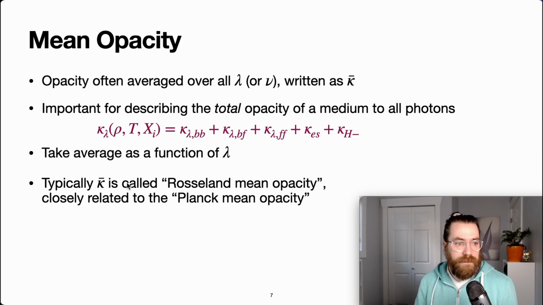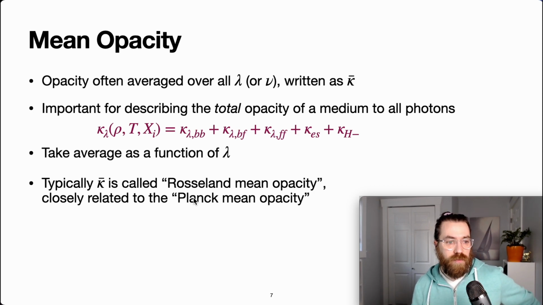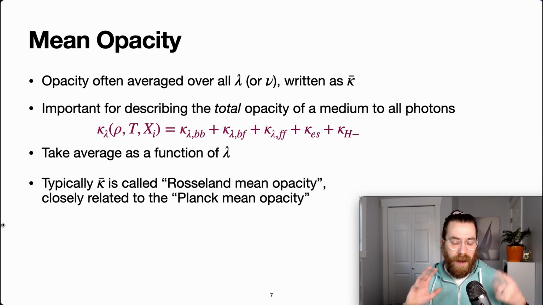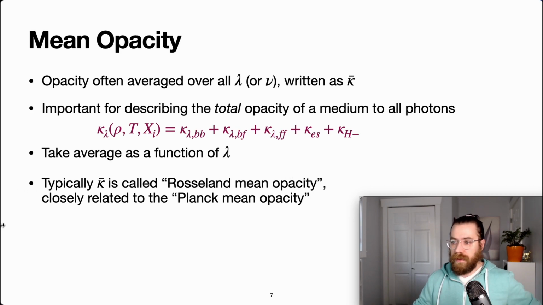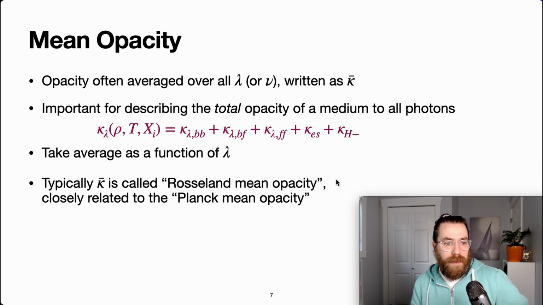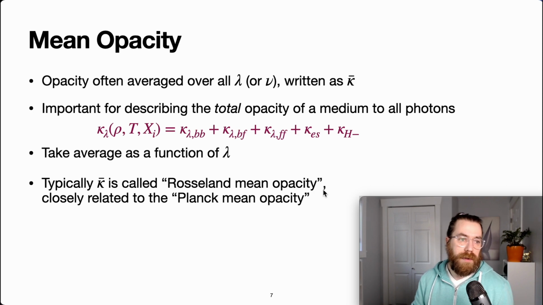The most common form of this wavelength-averaged or frequency-averaged opacity is the Rosseland mean opacity, which I'll talk about in the next slide. But it is also closely related to the Planck opacity, the mean Planck opacity. You can look at the Wikipedia page, which has a nice description of the difference between these. They're very similar calculations, but they use a different averaging scheme as a function of wavelength. So the Rosseland mean opacity is the most famous one for stars. Let's just talk about that briefly.